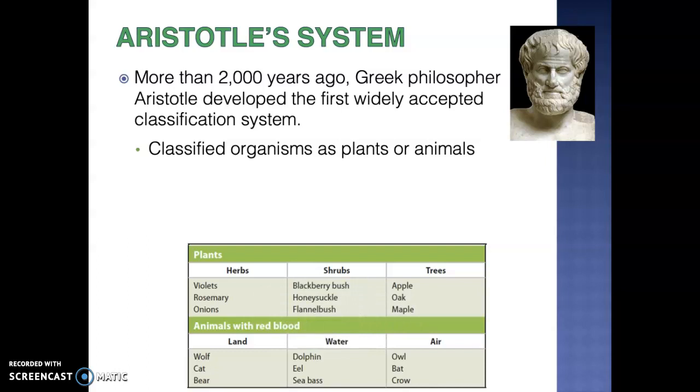So he used a very simplified way to classify things. He said animals are divided into red-blooded or bloodless, and then by their habitat. And as you can see, plants were divided by whether they were herbs, which have soft stems, shrubs, which have a little bit of a harder stem, and then trees, which would have a trunk.